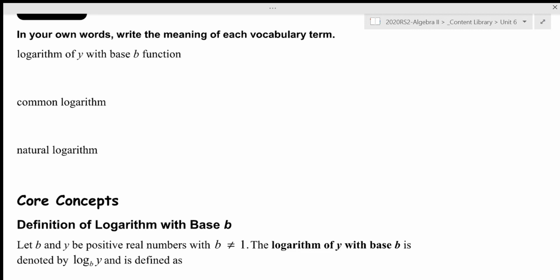into an exponent. Okay, so in my own words, how would I describe the logarithm of y with base b function? If I have x equal to log base b of y, then how I would describe that is, this is true if and only if b to the x is equal to y.